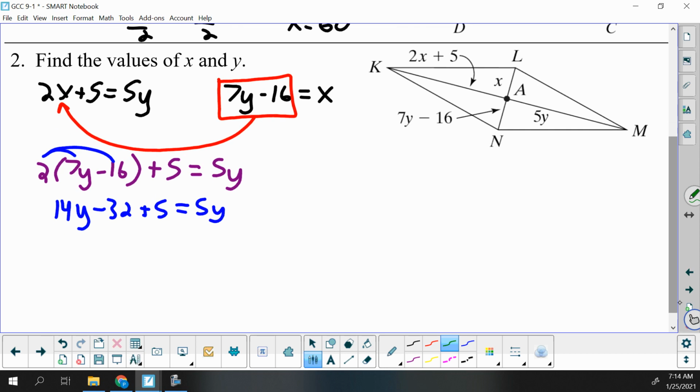And we want to collect all of our constants on one side and our variables on the other. Before we do that, we've got some like terms there. Let's combine those. So 14y minus 27 is equal to 5y.